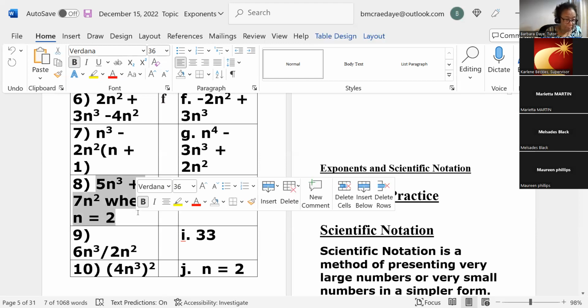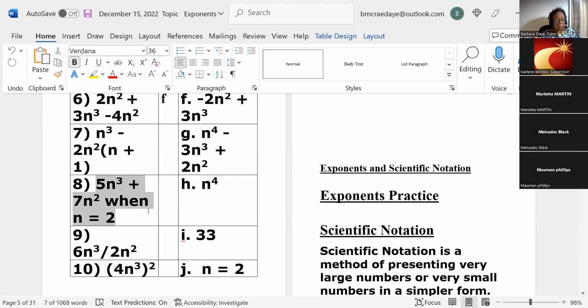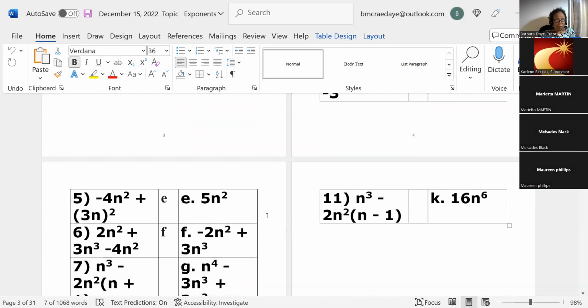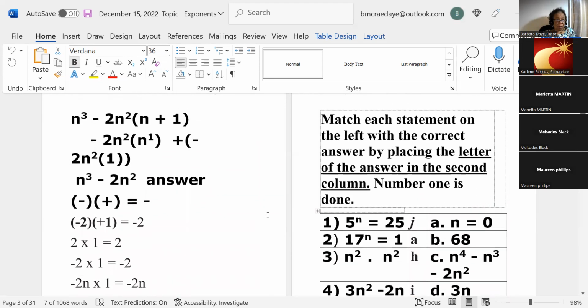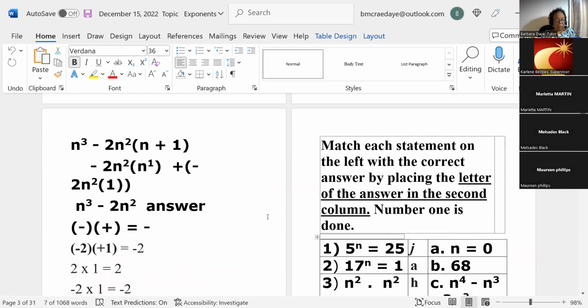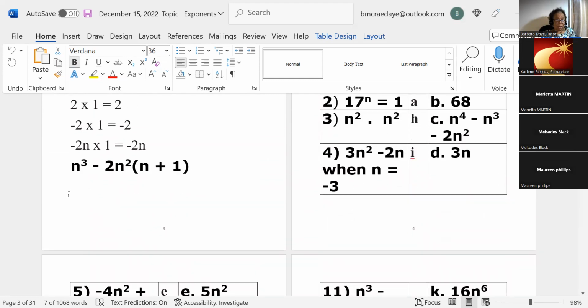I'll come back to number 7 because I think I may have put it incorrectly in the table.